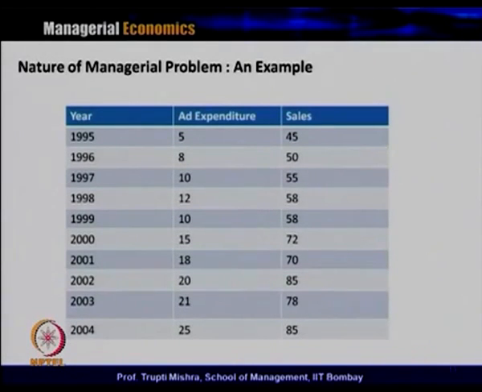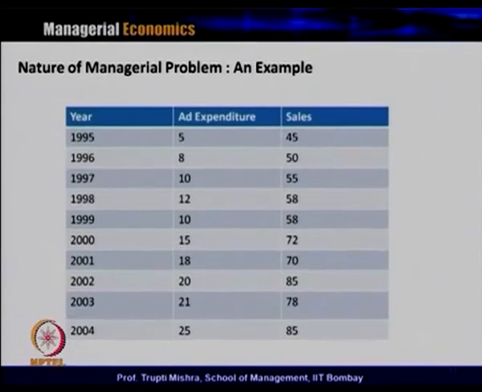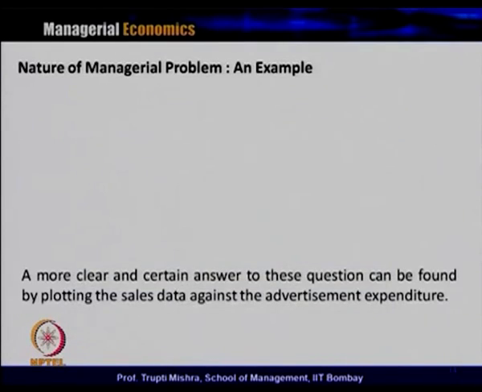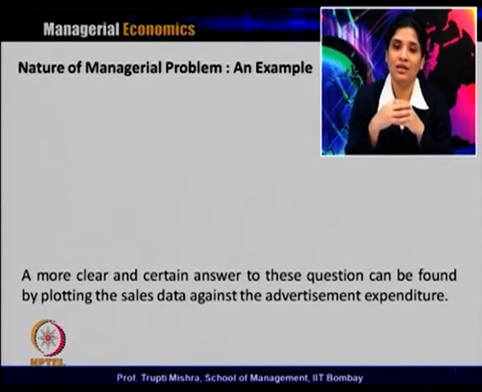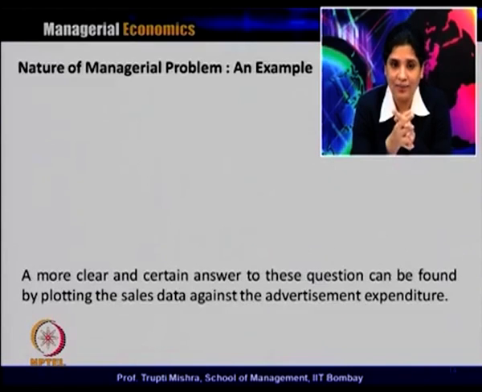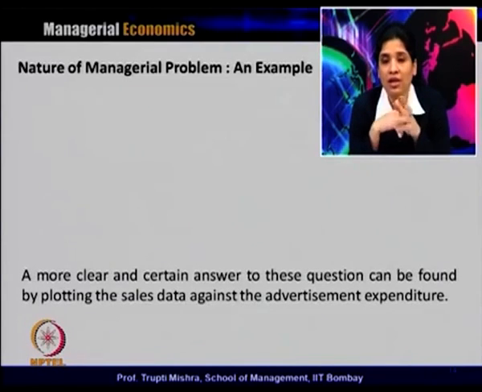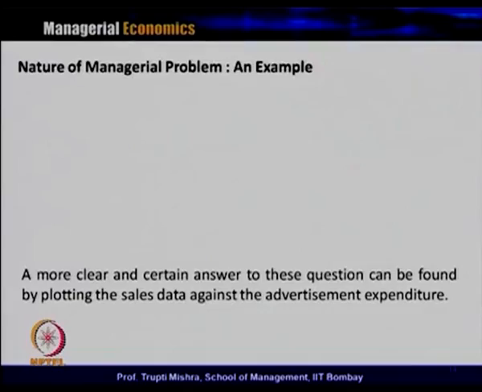So primarily, managers solve this problem by plotting it in a scatter diagram, and they generally say how the variables are related. But the question comes here: whether through the scatter diagram, or through this table, or through this real data, real information, we get the exact nature or exact relationship between the two variables, in this case typically the advertisement expenditure and the sales.